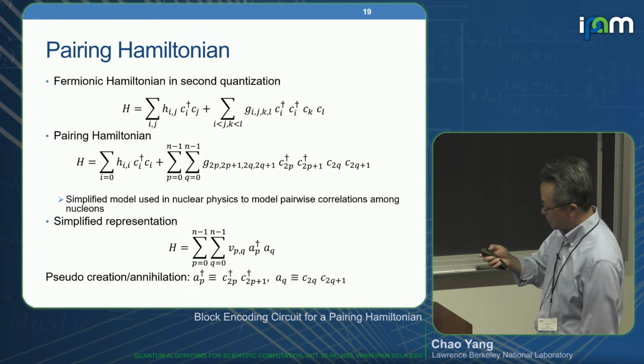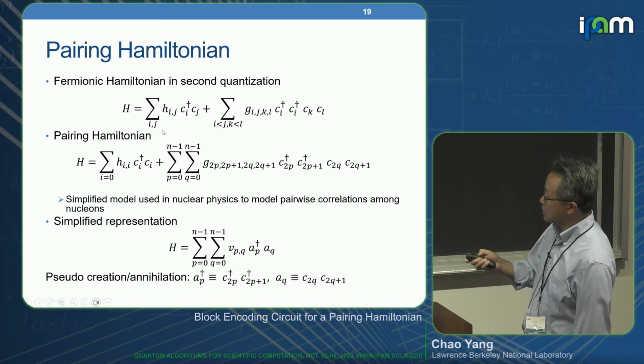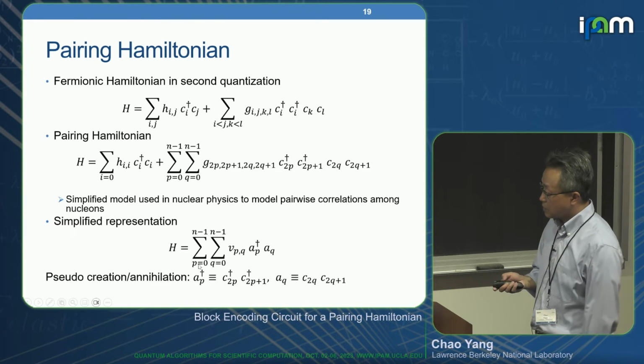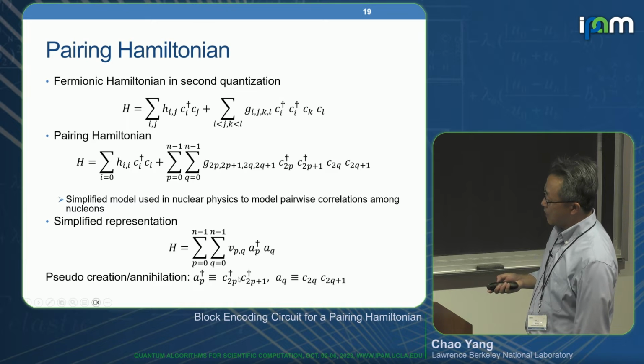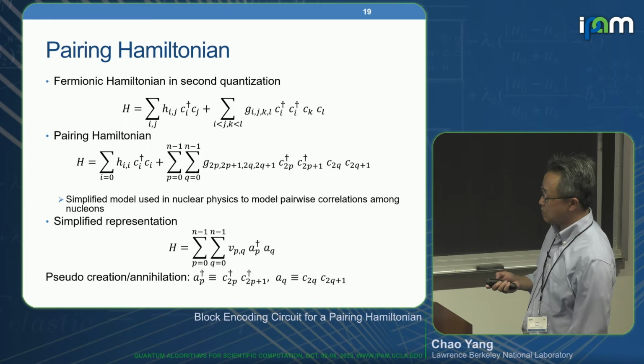I just look at one pair of creation and annihilation operators, where A dagger is what's called a pseudo creation operator, the product of the two creation operators, 2p and 2p plus 1.